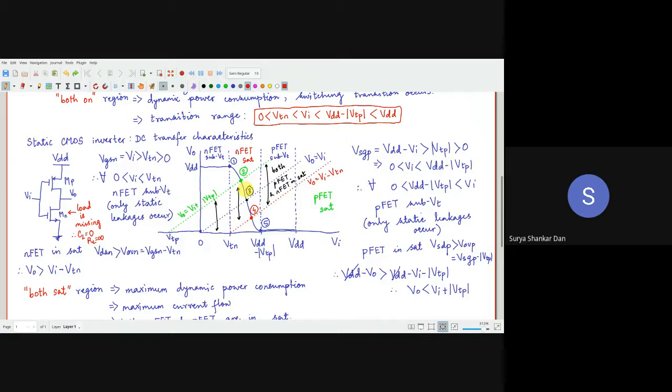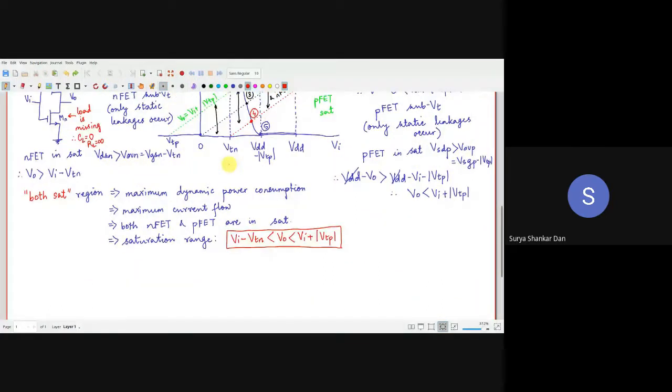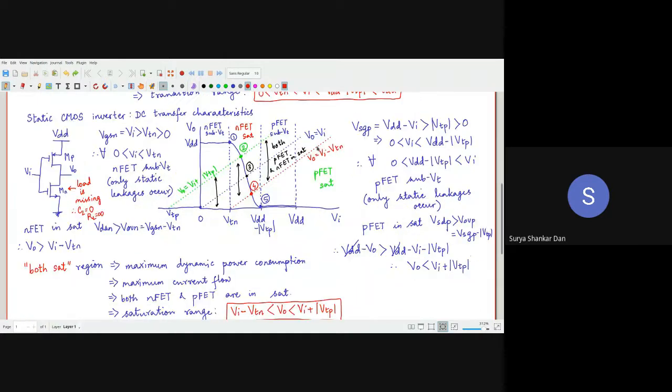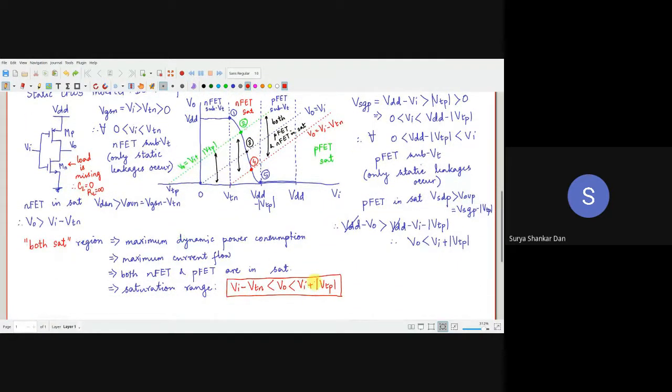One is the range of the input where the inverter is having a transition. So this is the range. The other range is where the inverter will operate with maximum current consumption. That is a smaller subset of this entire transition.